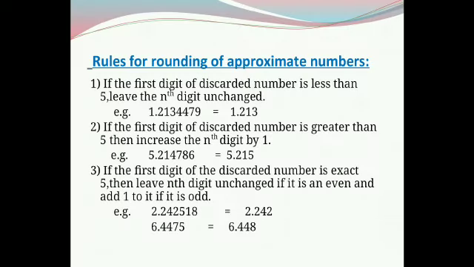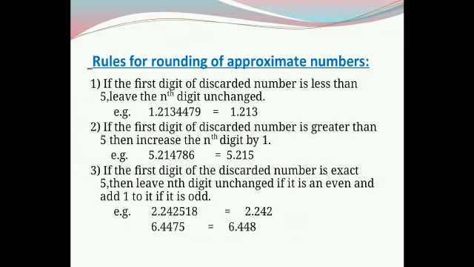Then there are some rules for rounding of approximate numbers. As we see, when we get answers in many digits after the decimal point, we have to think about how many digits are really meaningful and where to restrict this figure.